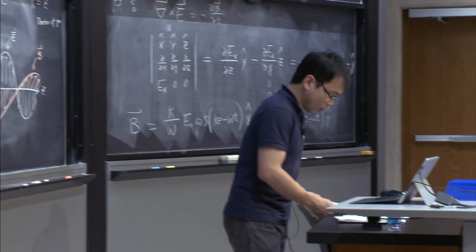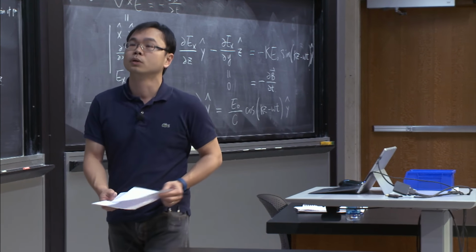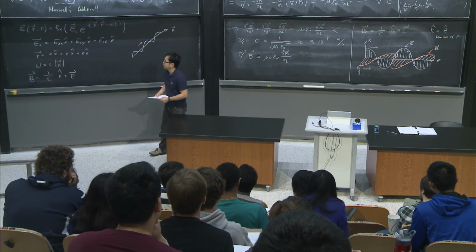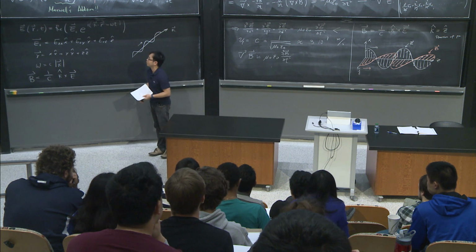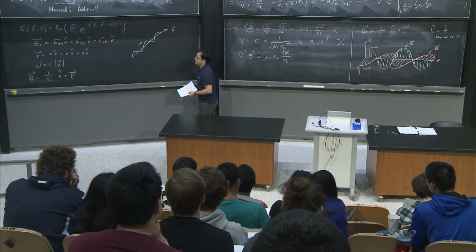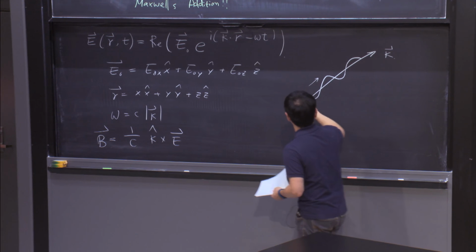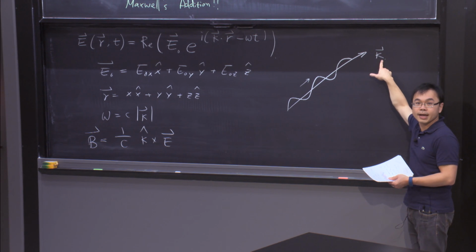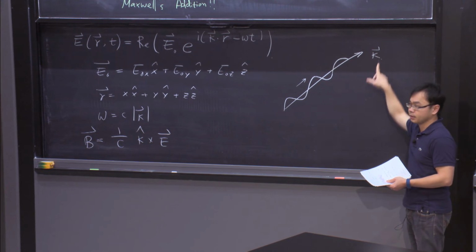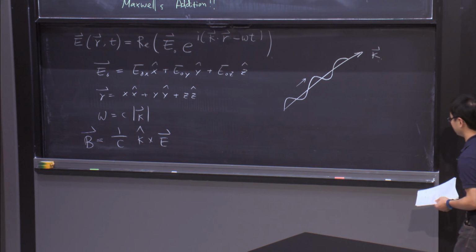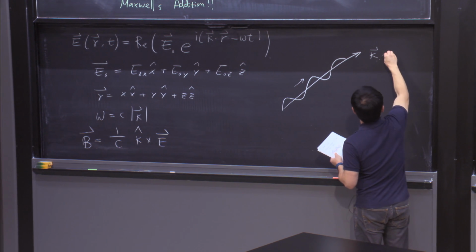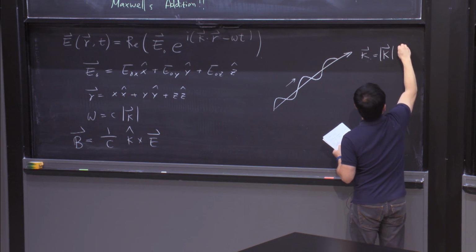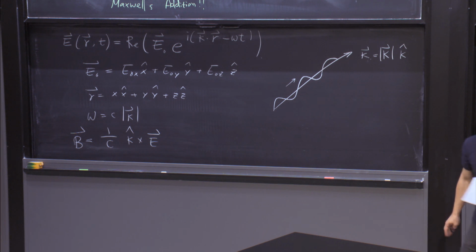So in general, what we can do is write down a general expression for the plane wave. For example, I can have a plane wave which is propagating in some direction, given by this k vector. Okay, the k vector gives you information about the wave number and also the direction of propagation.